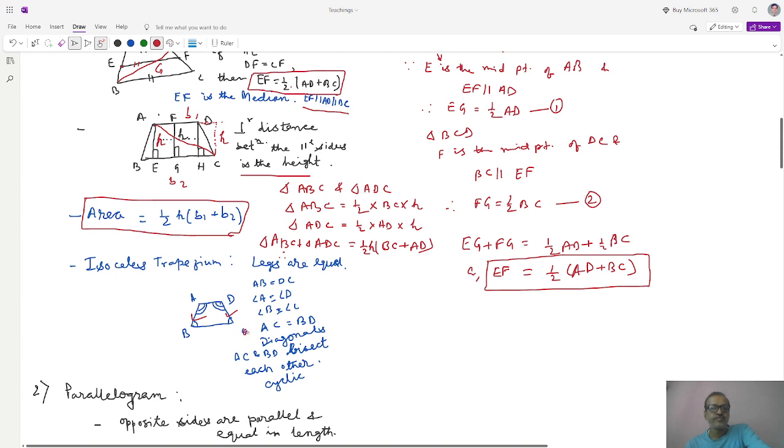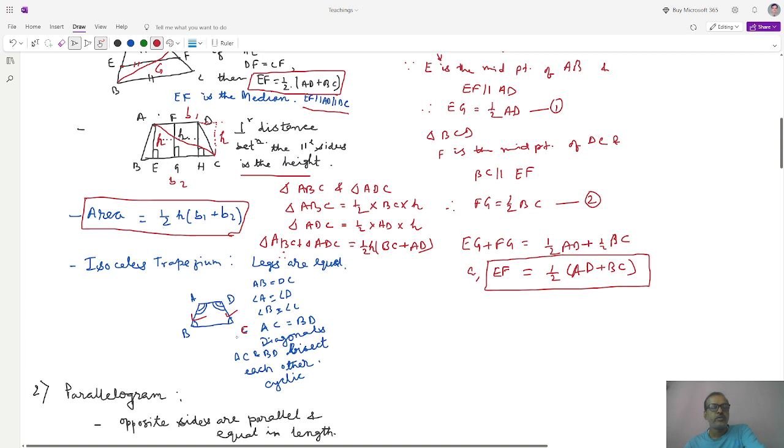Or the two diagonals AC and BD are also equal.